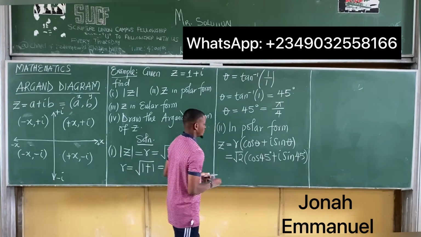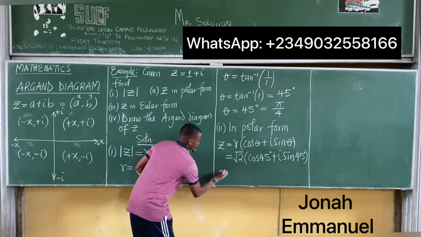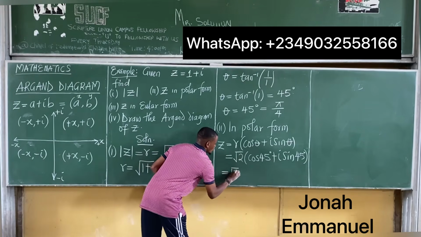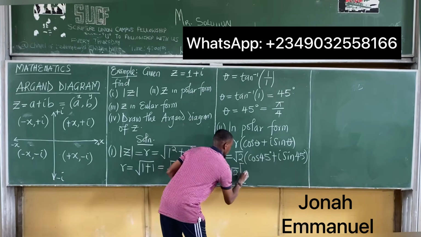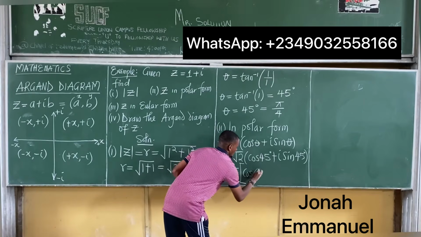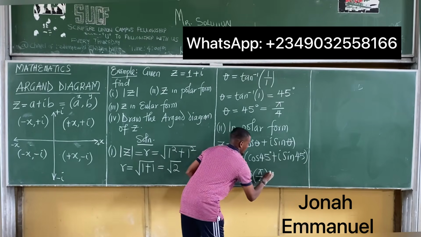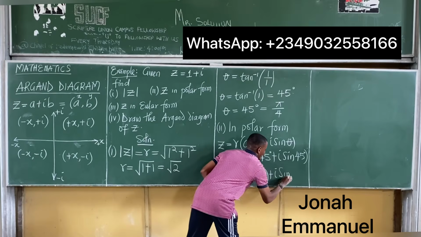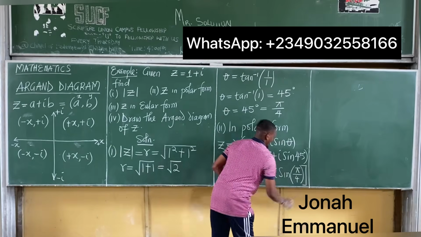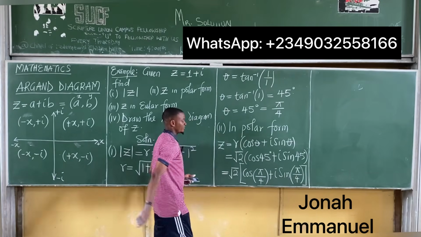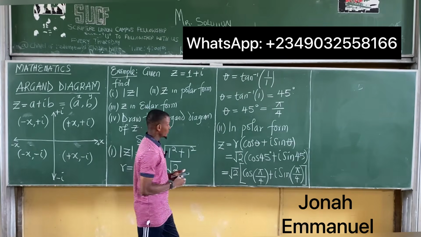So this is the value in polar form. We can still work with pi. In terms of pi, that's equal to root 2 into cos of pi over 4 plus i sine of pi over 4. This still works. So this is the polar form in terms of degrees, and this is the polar form in terms of pi.